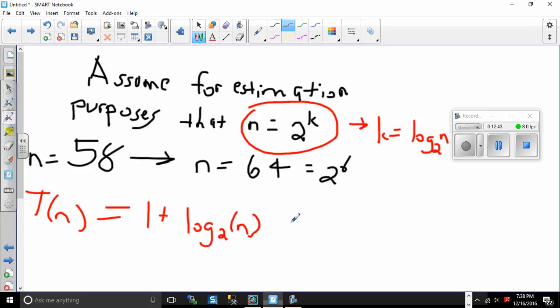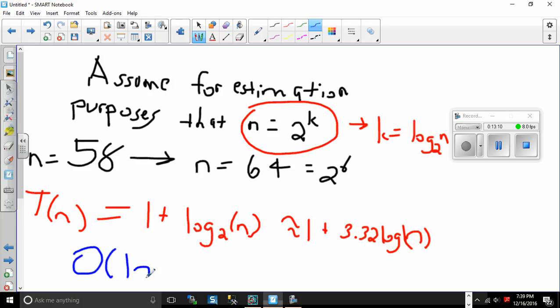We know log base 2 of n is approximately 3.32 log n. So a binary search algorithm is O(log n), which is better than a linear search. I would say yes.